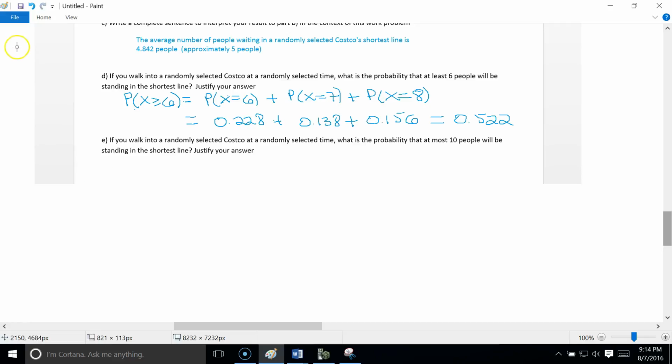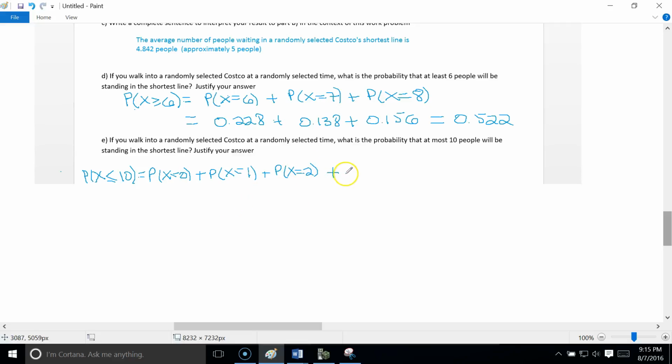The probability x is less than or equal to 10 is equal to this giant sum of the probability that x equals 0 plus the probability that x equals 1 plus the probability that x equals 2, dot, dot, dot.